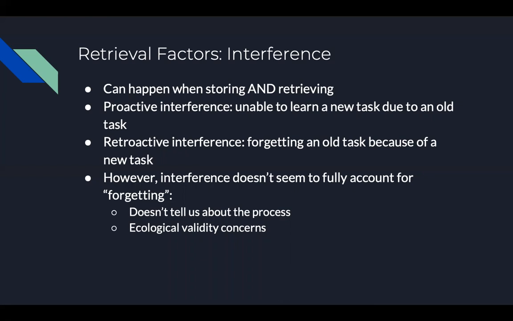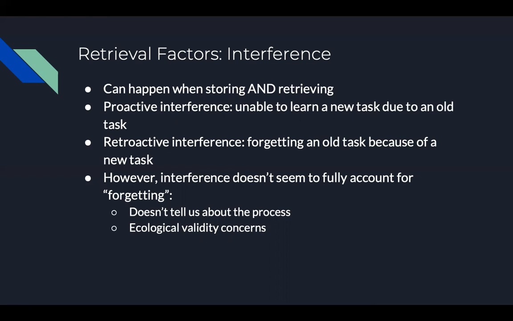Although studies of proactive and retroactive interference have shown pretty reliable and predictable effects, there are a number of problems with interference theory as a sole explanation of why we forget. This is because we've come to find out there are several different factors that can have negative impacts on retrieval.